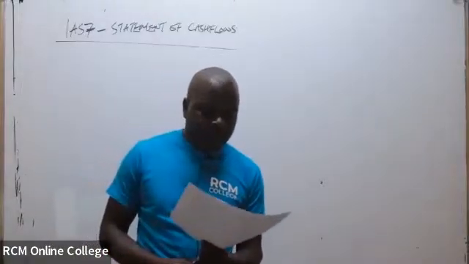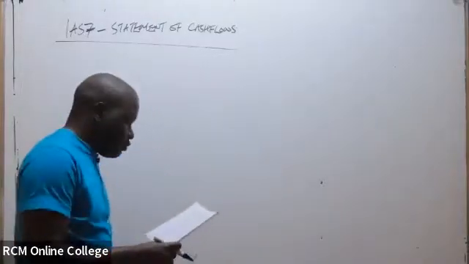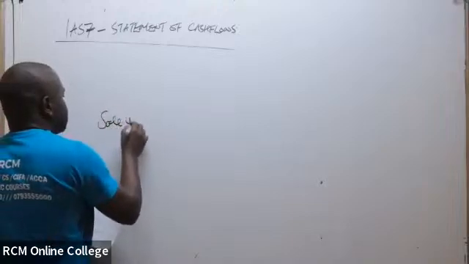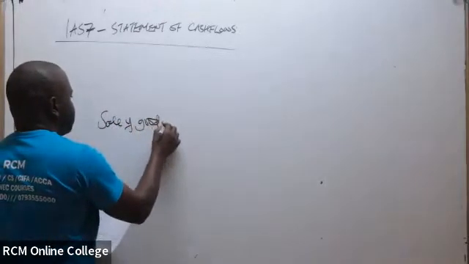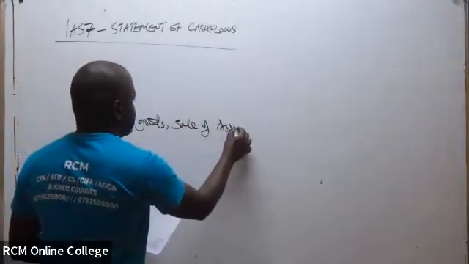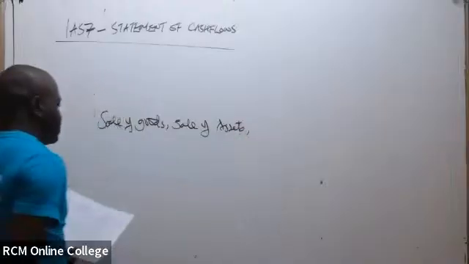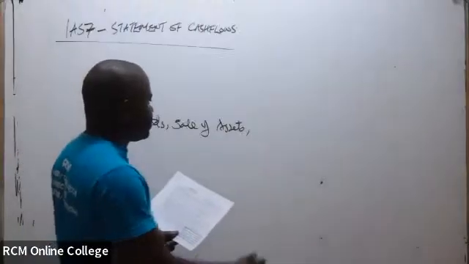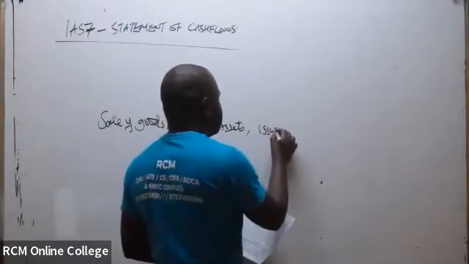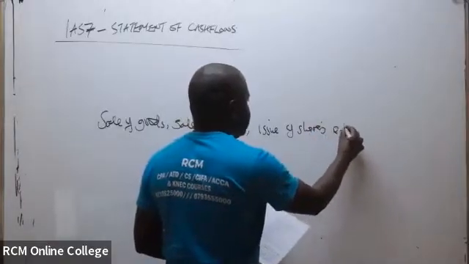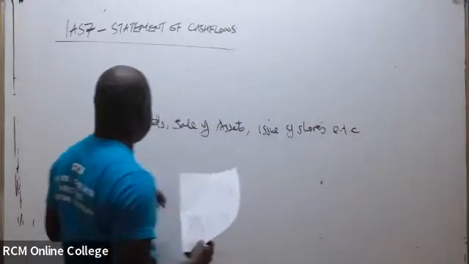E.g., by this we mean sale of goods, sale of assets, issue of shares, etc. So whenever these happen, you get money.